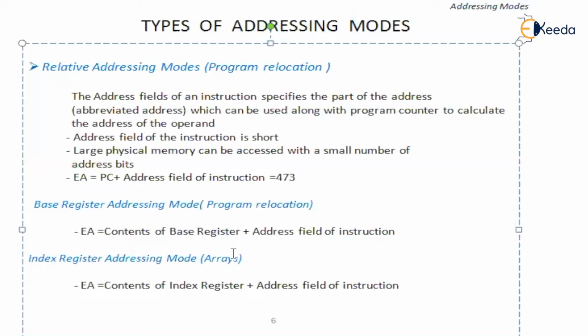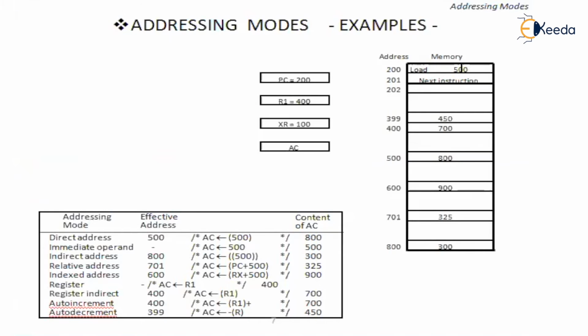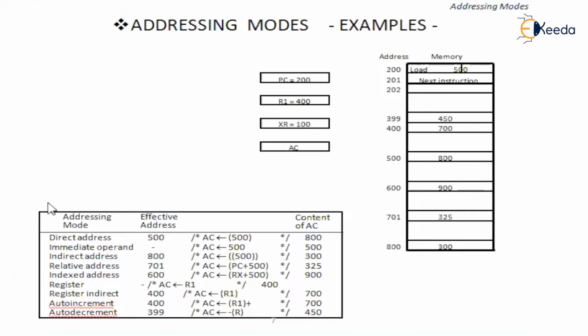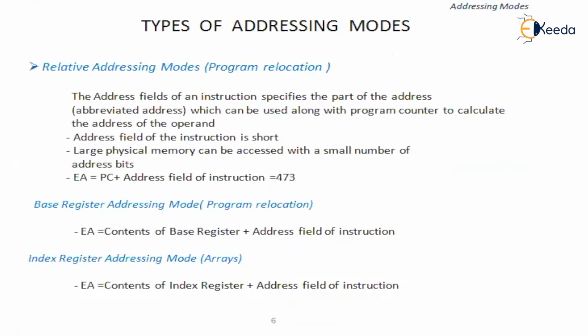Now, base register addressing mode and index register addressing mode. Understanding these addressing modes is very simple. That is, in a processor, in addition to all the registers that we designed and discussed, there will be two additional registers.